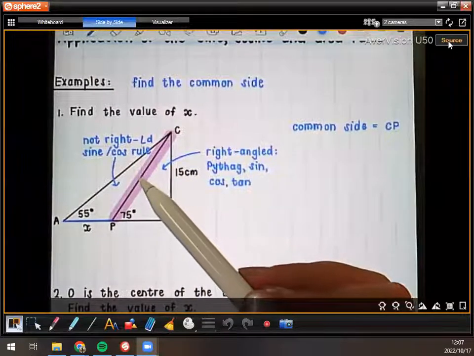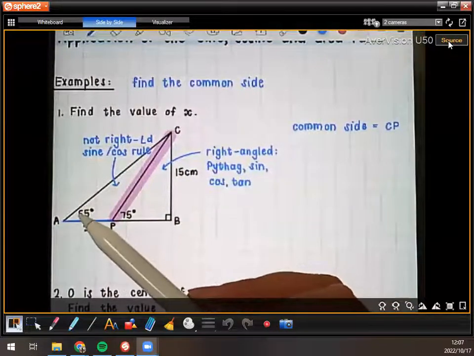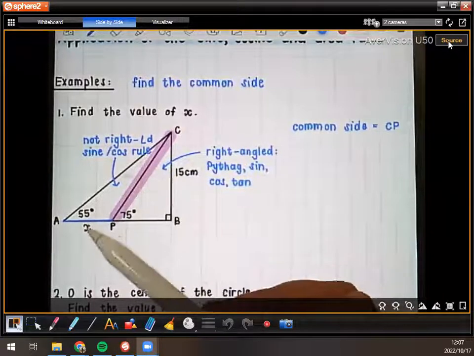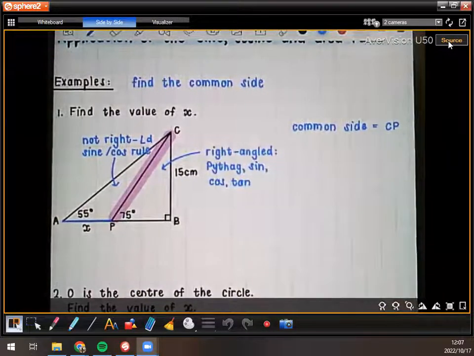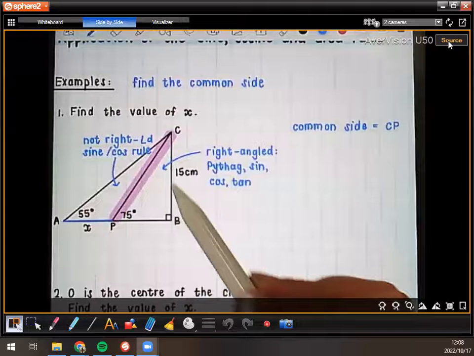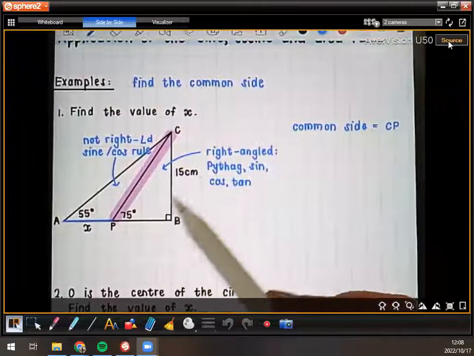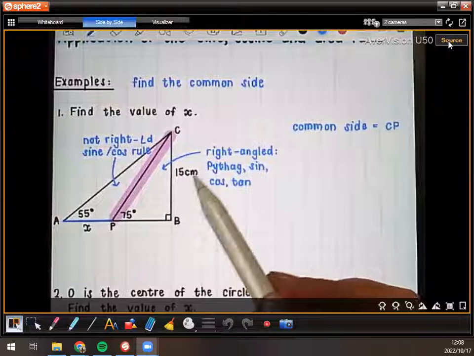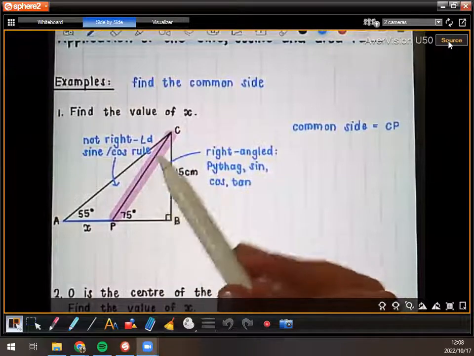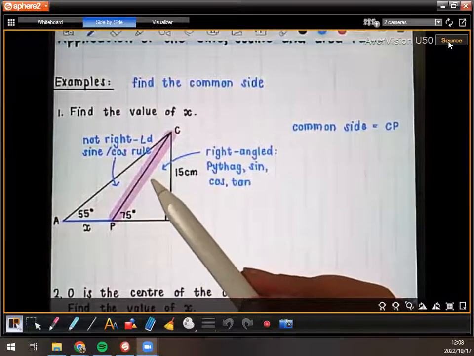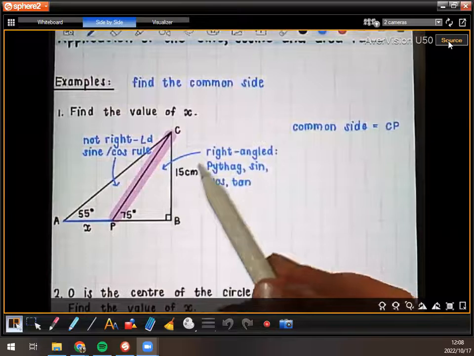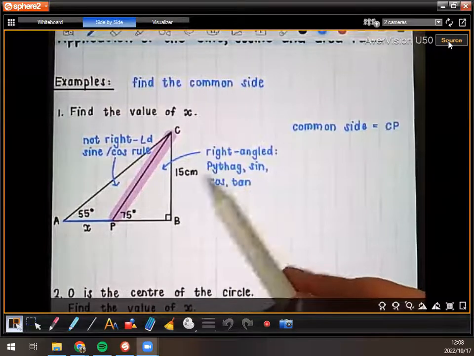If I wanted to use sine rule, I need the opposite angle, which I do have. But do I have another pair of opposite side and angle? No. So now we look at the right angle triangle. If I want to find PC, do I have the other two sides, so that I can use Pythagoras? Remember, if I want to find one side using Pythagoras, I need the other two. Do I have the other two? No, I just have one. So we can't use Pythagoras.